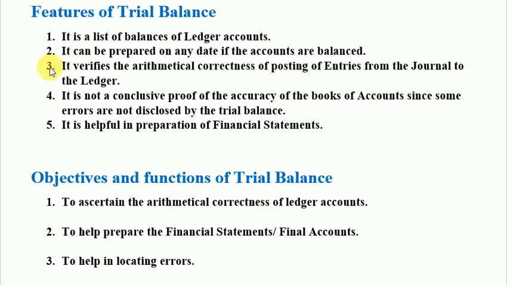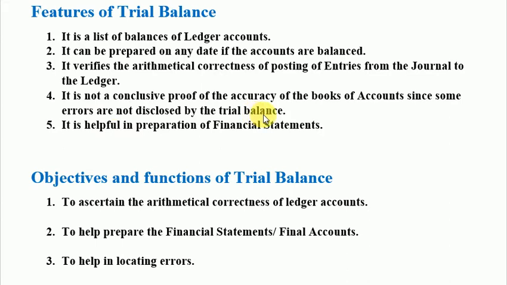Number three, it verifies the arithmetical correctness of posting of entries from the journal to the ledger. This we are going to understand from the questions which we will do. Number four, it is not a conclusive proof of the accuracy of the books of accounts, since some errors are not disclosed by the trial balance preparation.